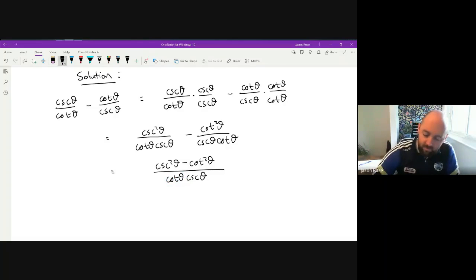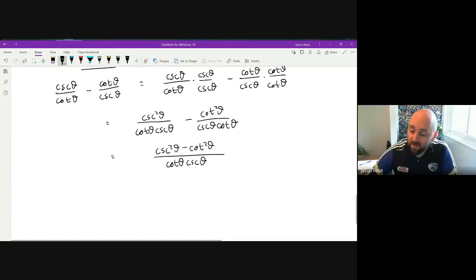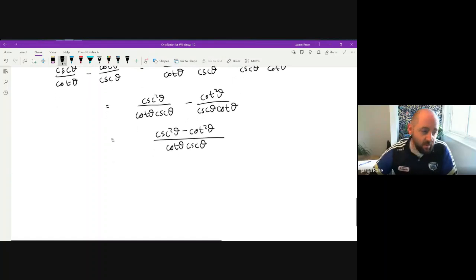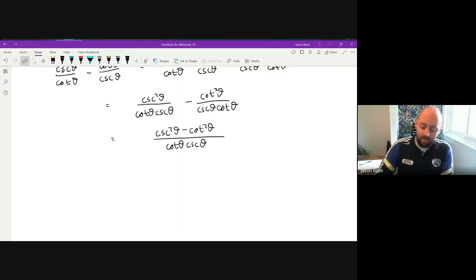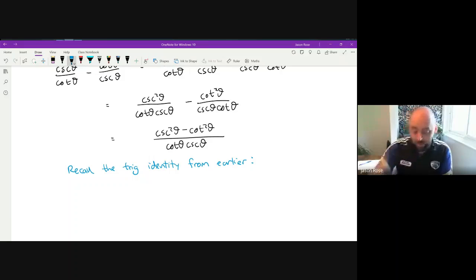Let's see if we can figure it out. There's a trig identity that relates cosecant and cotan that you might remember from earlier. So let me maybe use a different color here. I'm going to say, recall the trig identity from earlier. It was 1 plus cotan squared theta is equal to cosecant squared theta.